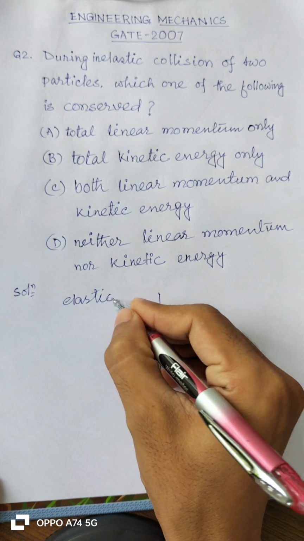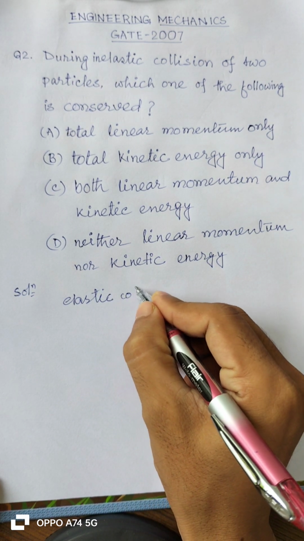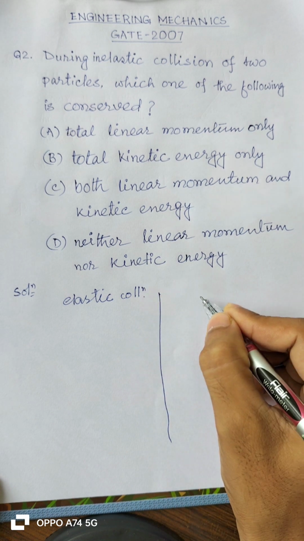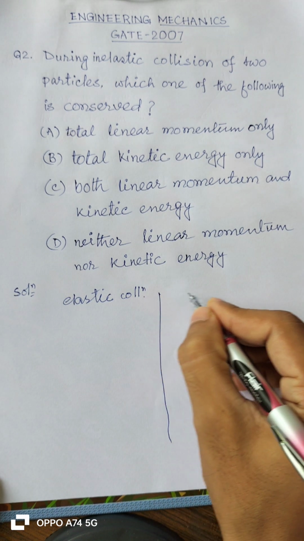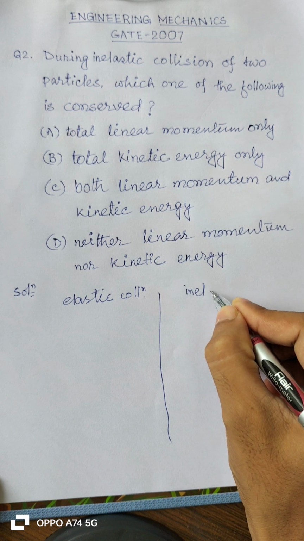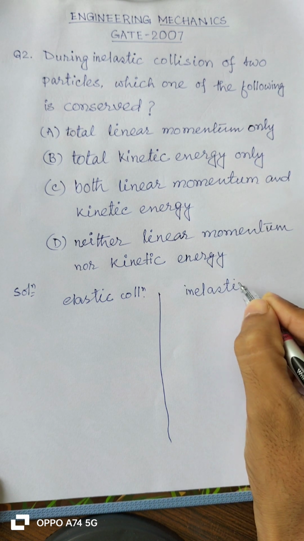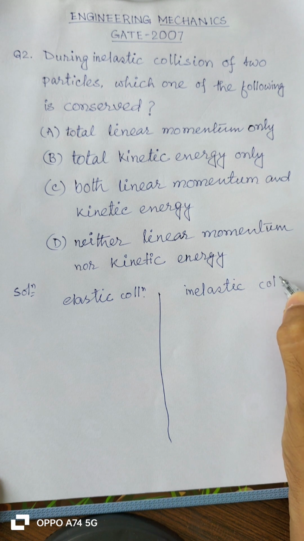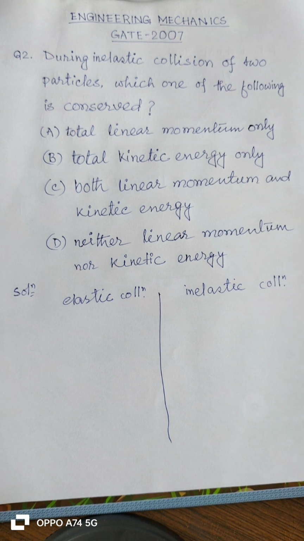So there are two types of collision: elastic collision and inelastic collision. So elastic collision is an ideal case.